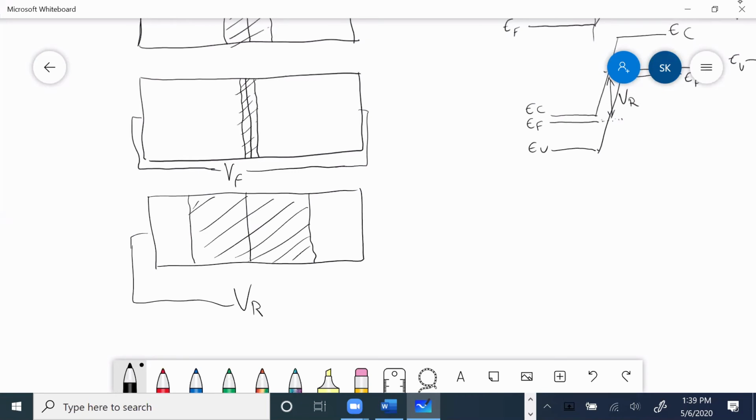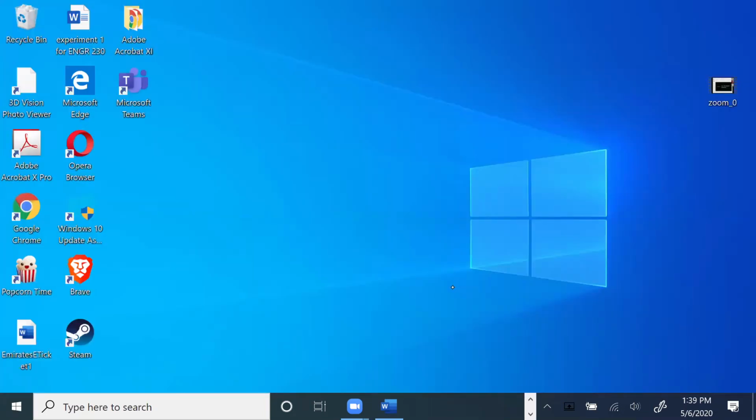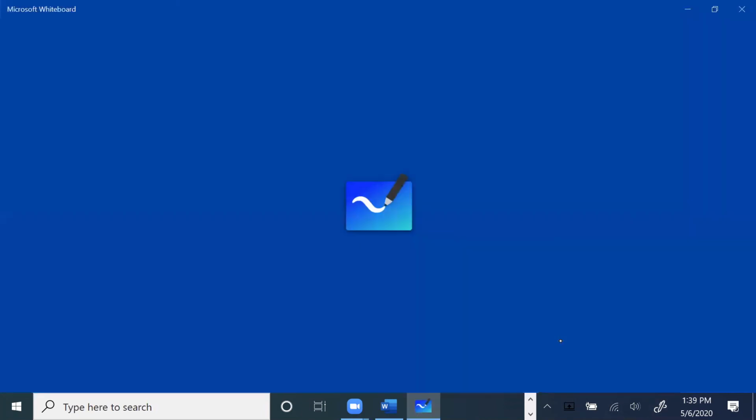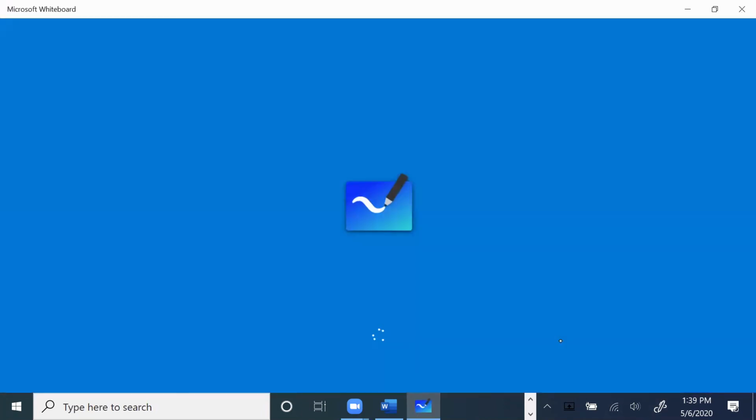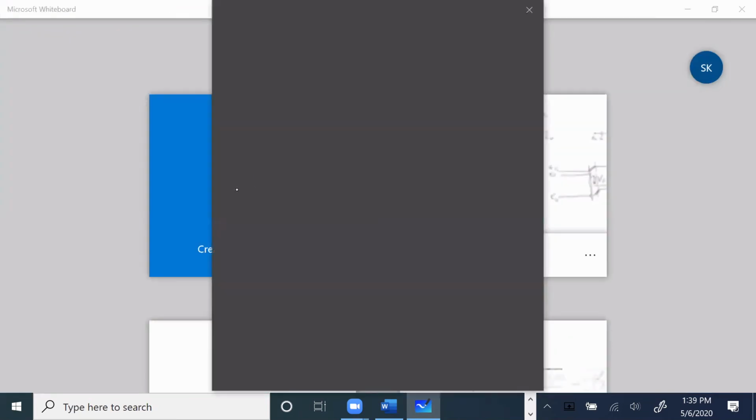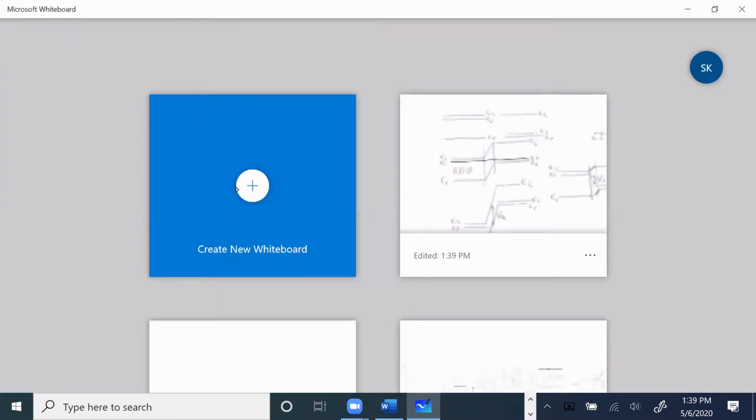V reverse. And by V reverse, if this is N, this is P, this is reverse bias.